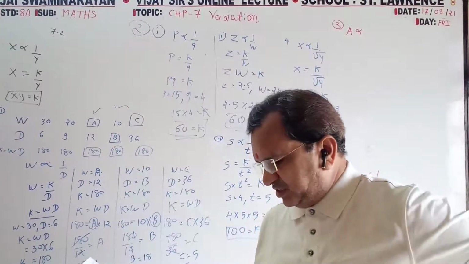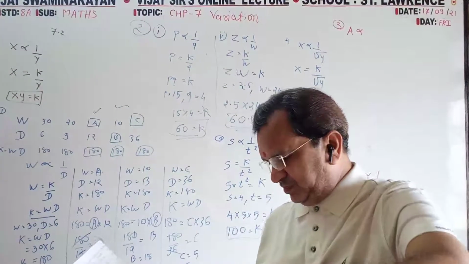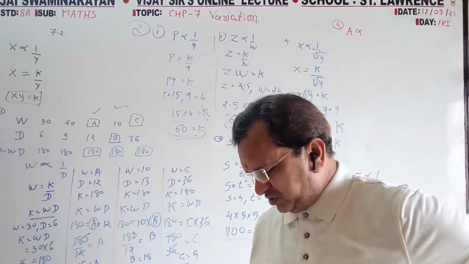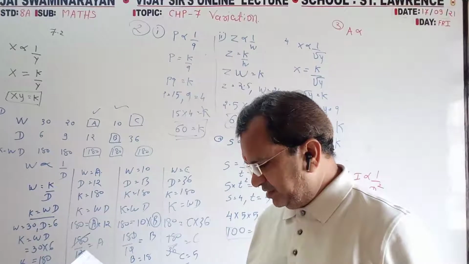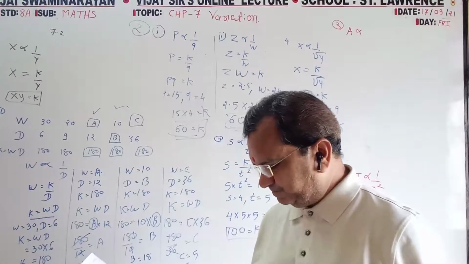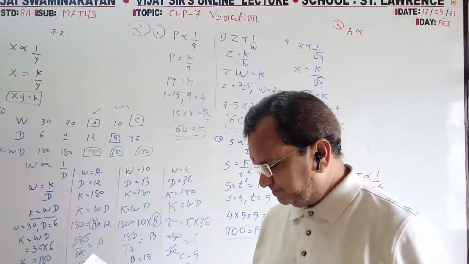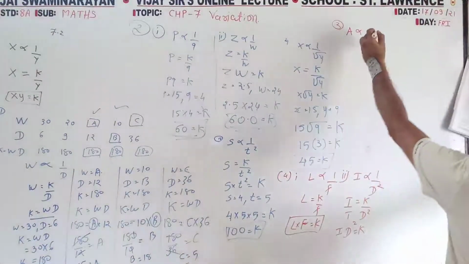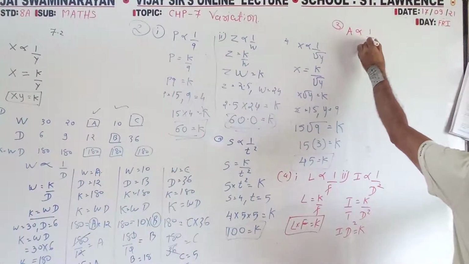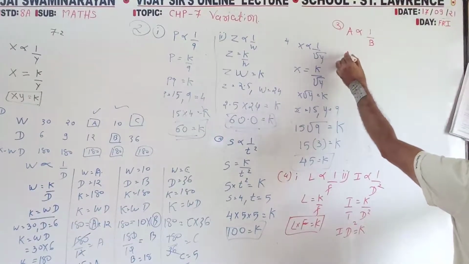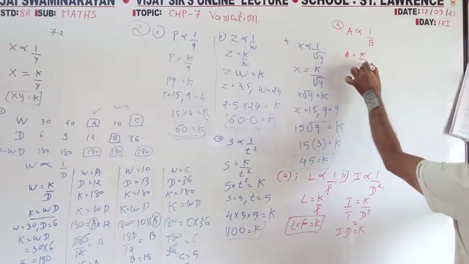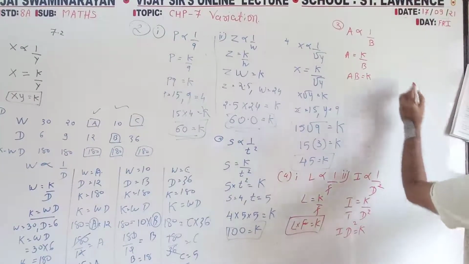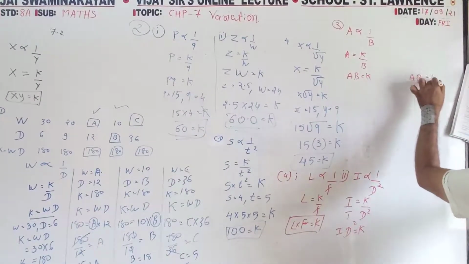If 36 apples are filled in a box, how many boxes will be needed? So number of apples and boxes. So A is equal to K by B. AB is equal to K.